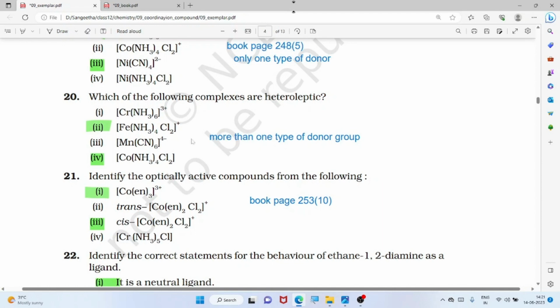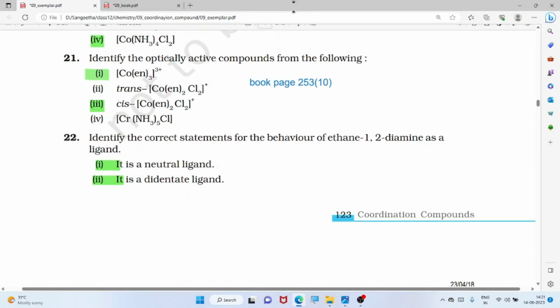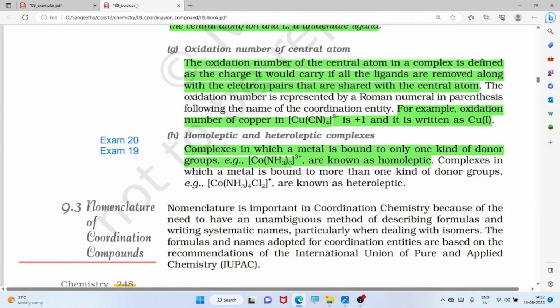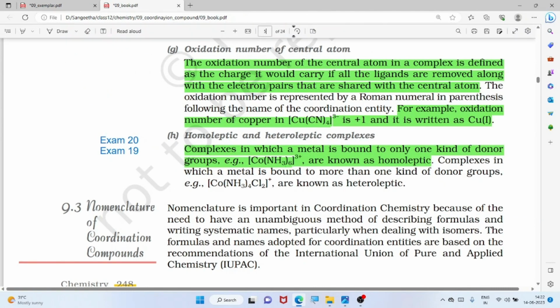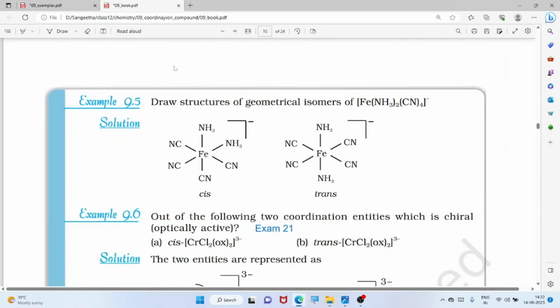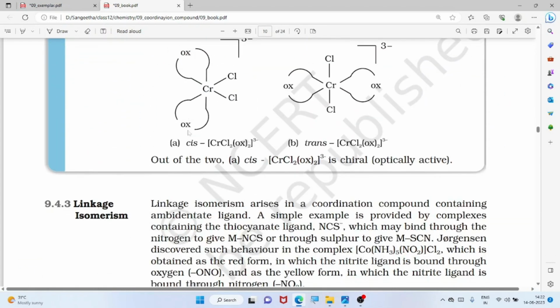Homoleptic, this is actually more than one. Identify the optically active compounds from the following. Okay, these two, book page 10. So out of this, and this is the optically active, this one.